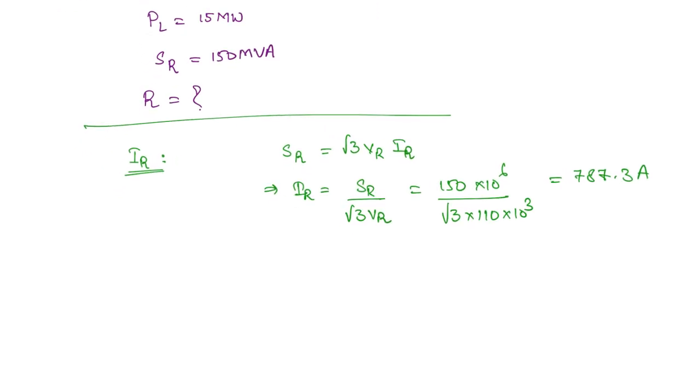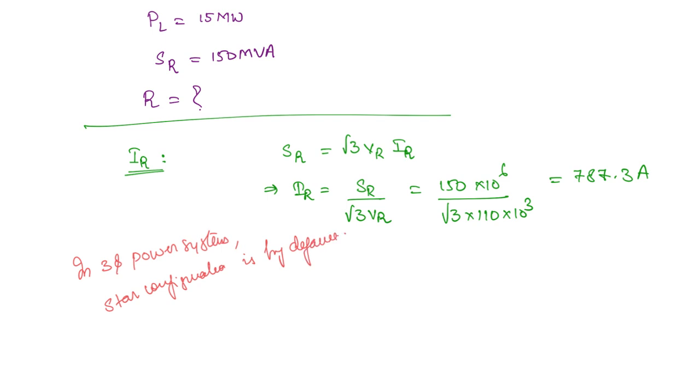Now we will find the resistance. One more thing you should remember: in three-phase power systems, unless mentioned, usually we take the star configuration by default.